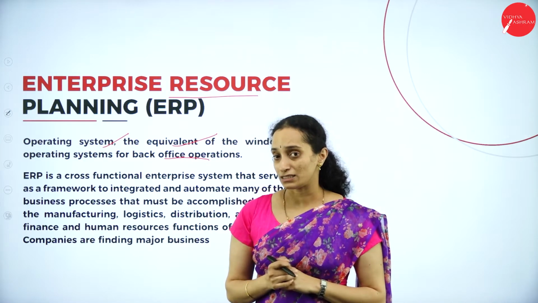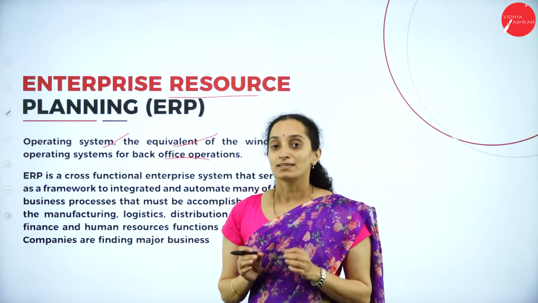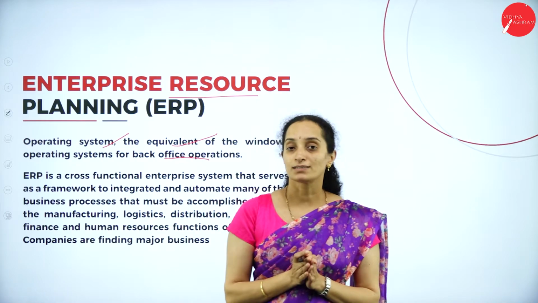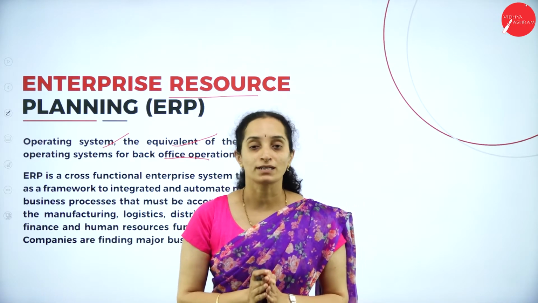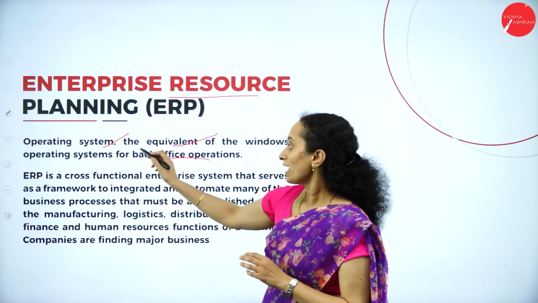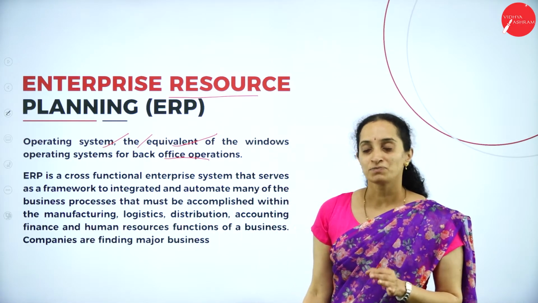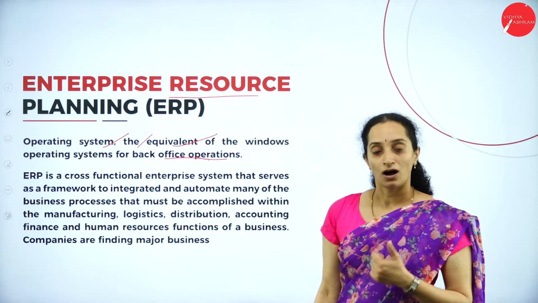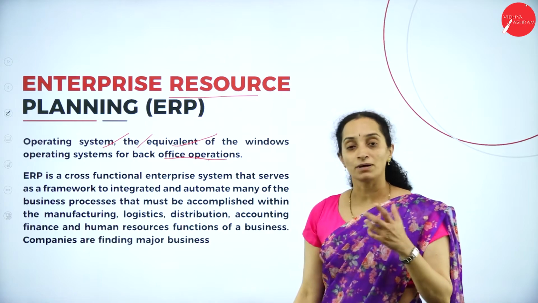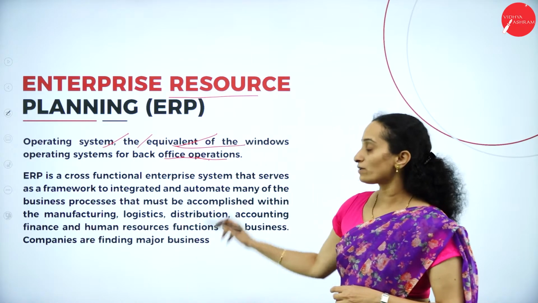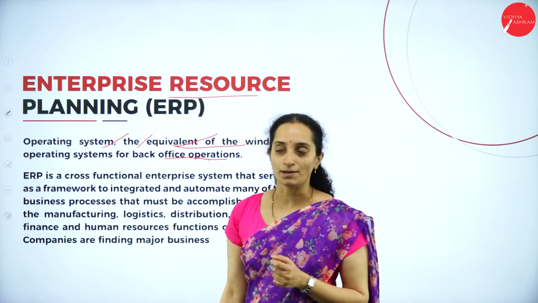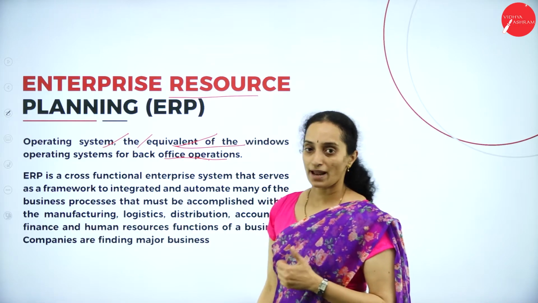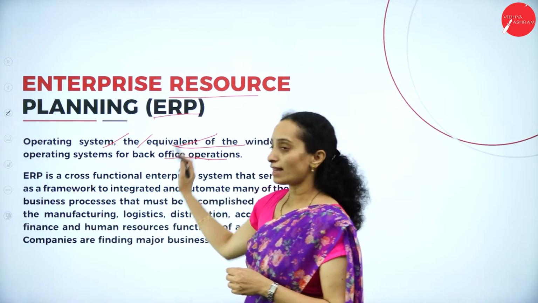We have many other operating systems available, but Windows is the most user-friendly and most widely used operating system in the world. Almost every system in the world uses Windows. Along with that, you can have some other operating system working as an equivalent of Windows, which helps in implementing enterprise resource planning. It is popularly known as ERP.